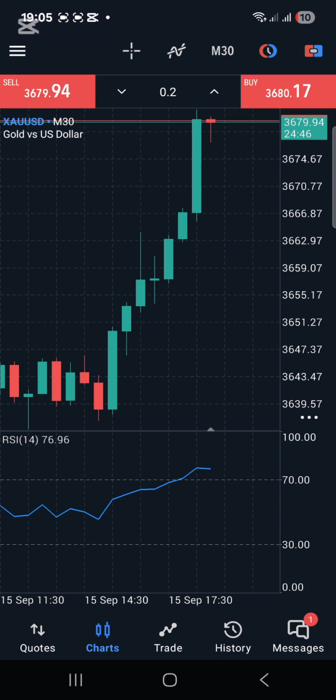Rule number 1. The RSI, that is the blue zigzag line, must be either above 70 or below 30. When it is above 70, it means the market has already been overbought.